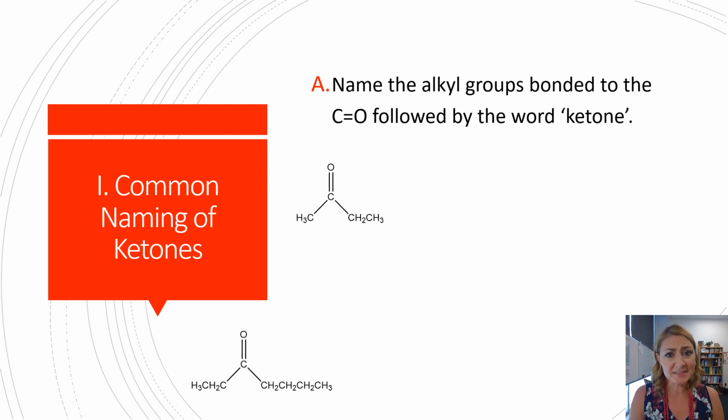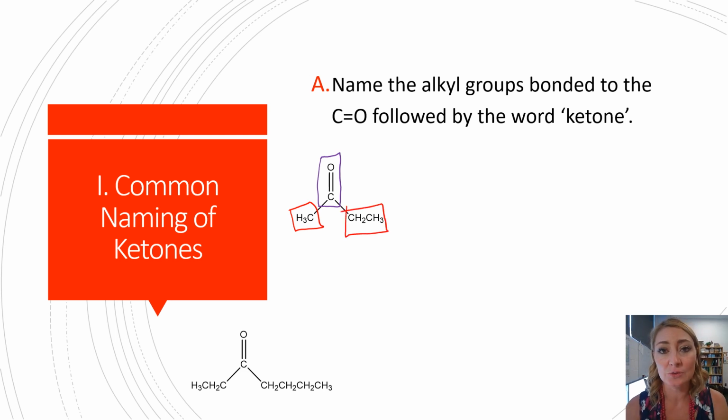So the rules are pretty simple. You're going to name the alkyl groups bonded to the carbonyl, followed by the word ketone. So what I mean by name the alkyl groups bonded to the carbonyl is we're going to take a box, we're going to put a box around this carbonyl because I'm not including this carbon in either of the alkyl groups on the side. So I have an alkyl group here, and I have an alkyl group here.